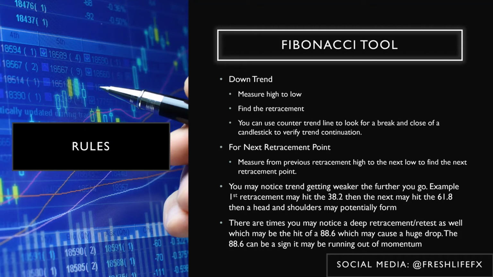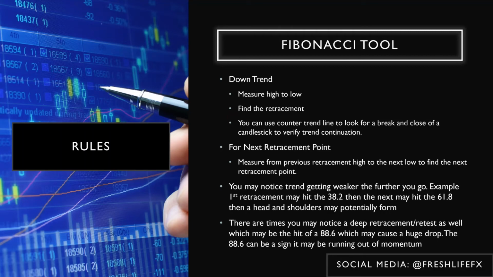So X to A, so the end of the trend where it's actually starting to push up, that you believe is going to push up, you're going to measure all the way down to that point and then let it retrace. Potentially you believe that it's going to retrace to maybe the 382, the 50, the 618, or one of these other points.